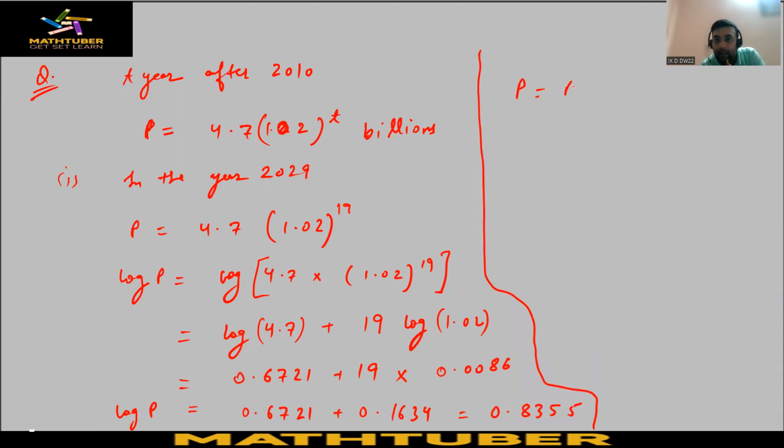So P will be equal to the anti-log of 0.8355, and now you can see it is already in standard form because the number before this decimal place is 0, so the characteristic becomes 0. So anti-log of 0.83 at the fifth column, and the mean difference also at the fifth column.